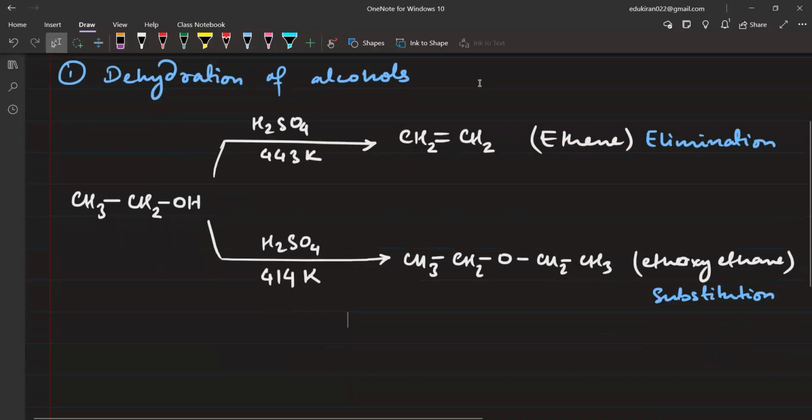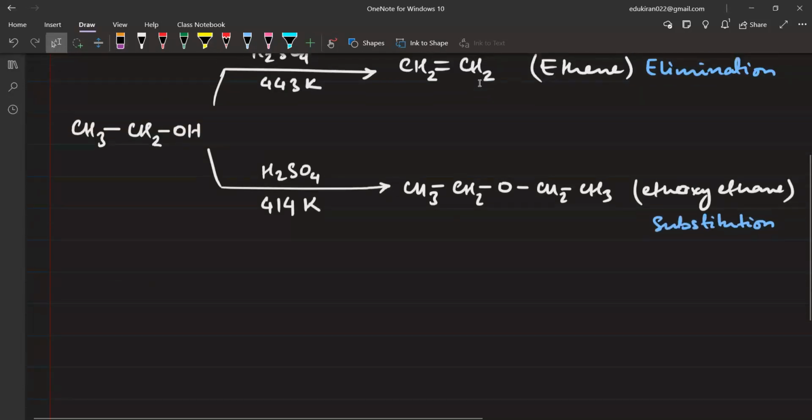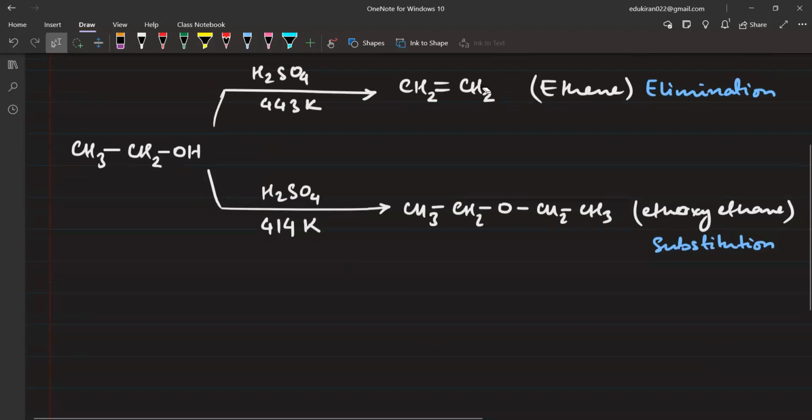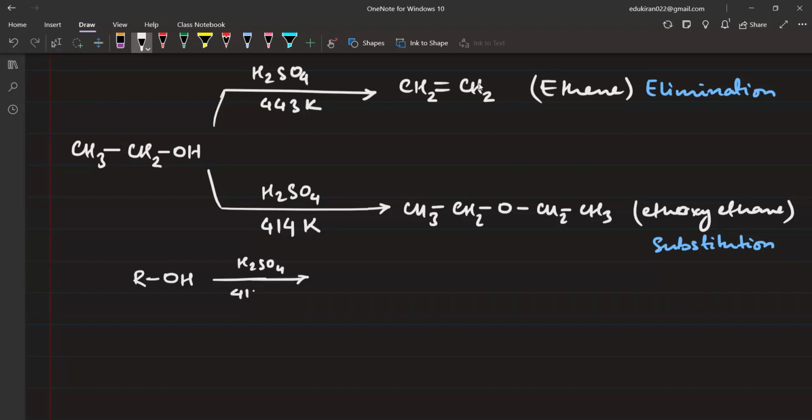Now, one thing that you are going to see is if we are using any alcohol, ROH, in the presence of H2SO4, that means any H plus, and at 414 or 413 Kelvin, then please see what we are going to get. We are going to get a symmetrical ether.